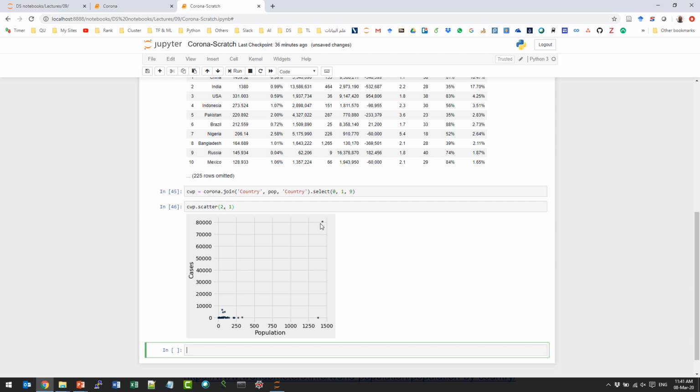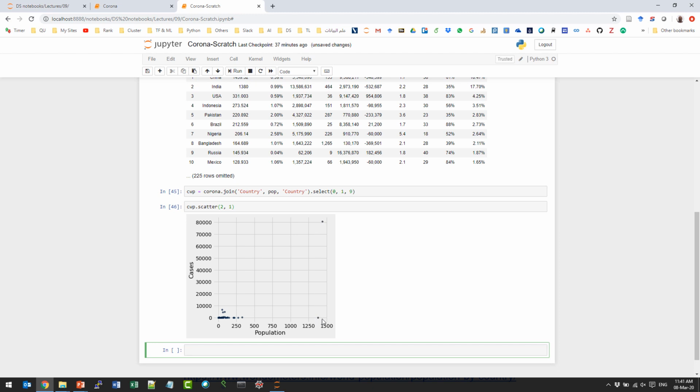These are like outliers, right? What are these two outliers? So this is an outlier where it has very high population and large number of cases. This is China. Okay? This is China, of course. So that's an outlier.